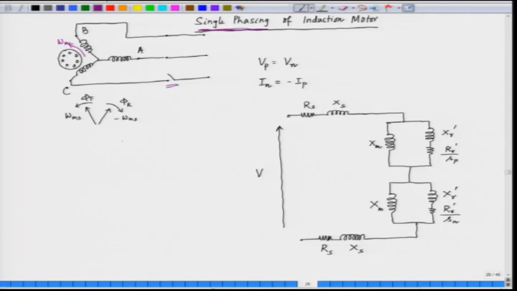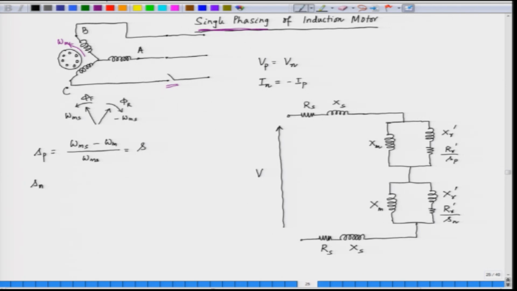Now, what is Sp? This is the positive sequence slip. For the positive sequence field it is omega ms minus omega m by omega ms, which is simply S.